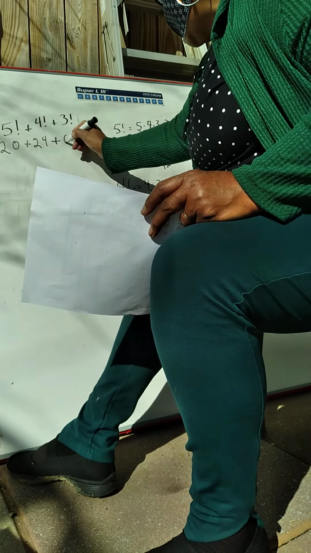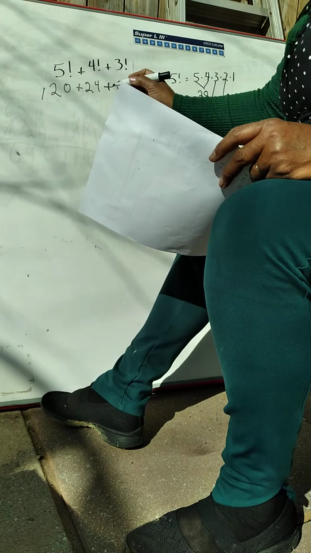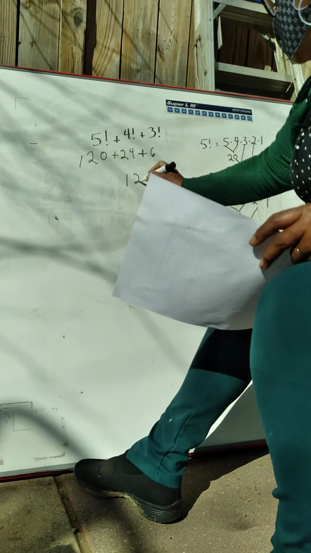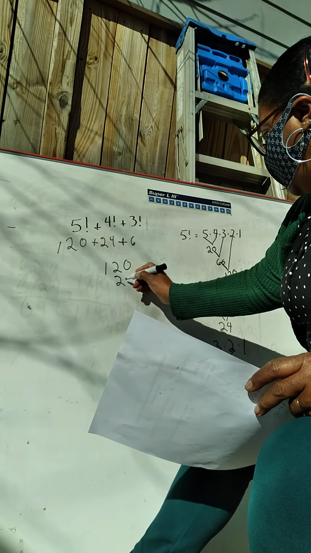So let's do it vertically and make sure that everything is in its place value. 24 is in the tens place.